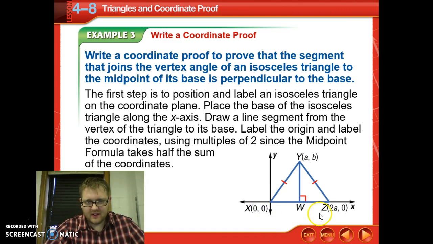Obviously X is at the origin, and Z has a y coordinate of 0 because it's on the x-axis. Its x coordinate is 2a, because if we call this point Y a, and that's the midpoint between X and Z, then Z's x coordinate is going to be double that.